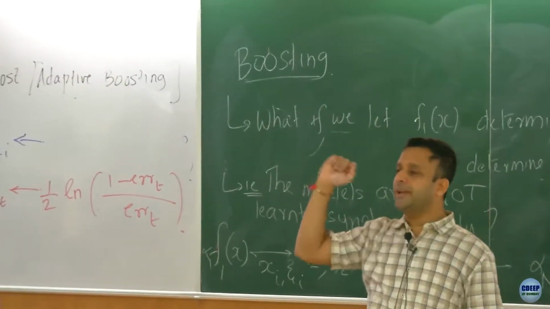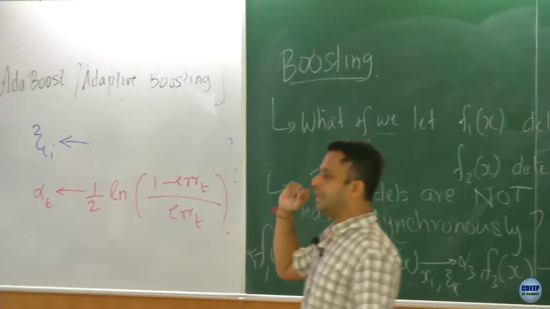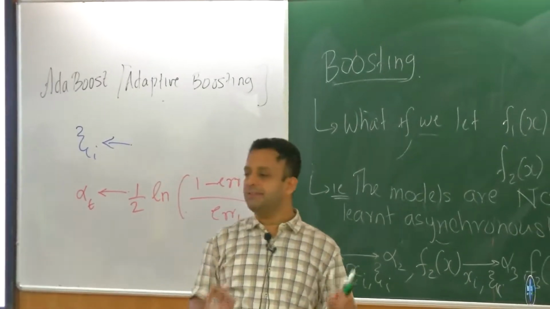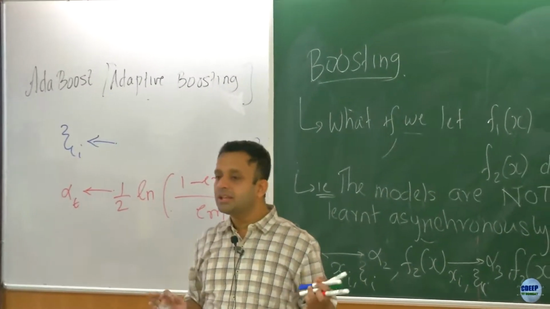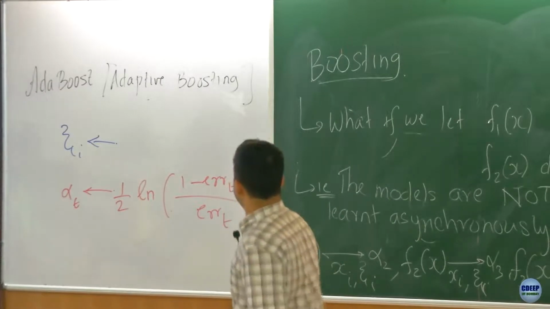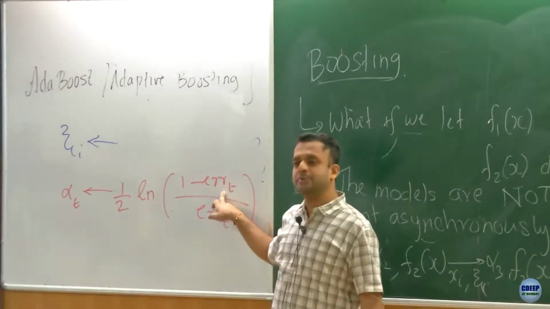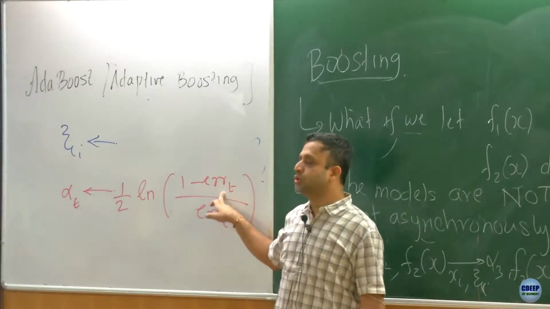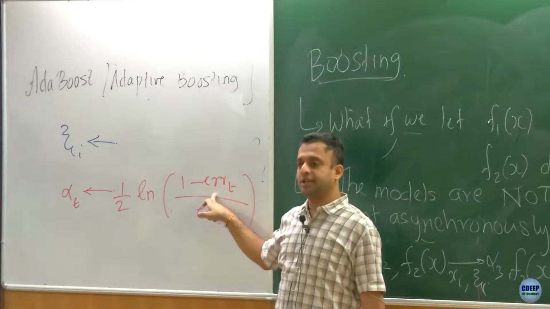Again, what did we expect? If a model is very error prone, should it get high weight? Should it be weighted highly? No. So if a model is very error prone, let's say error is between 0 and 1. If the error is close to 1, then what will happen here?